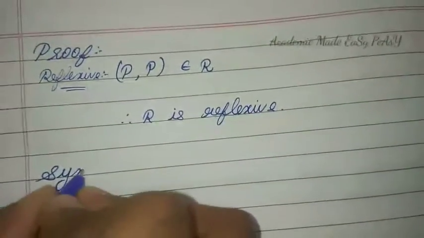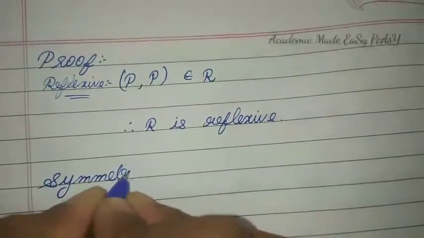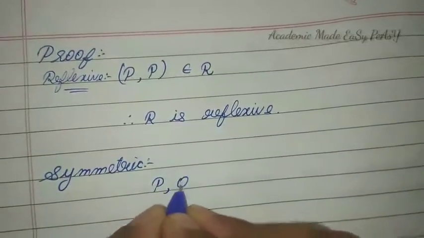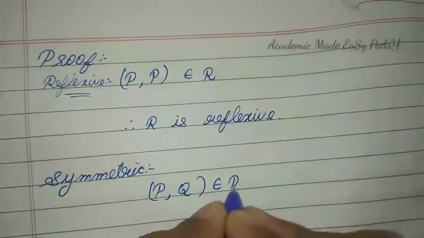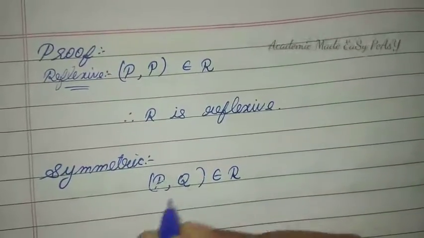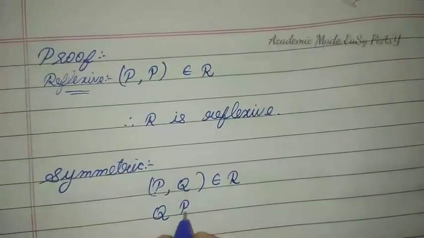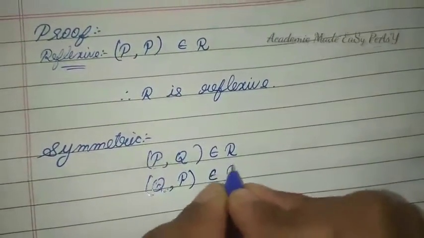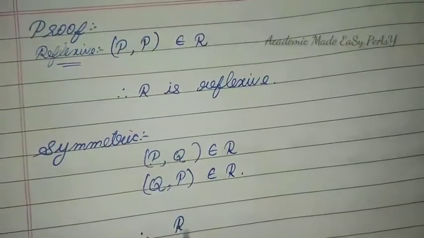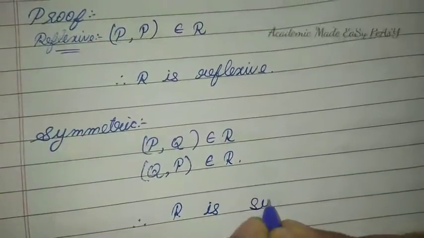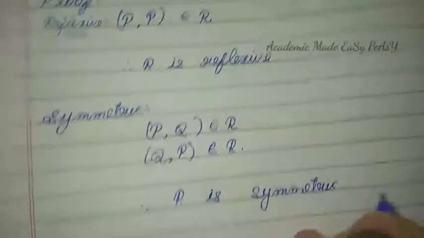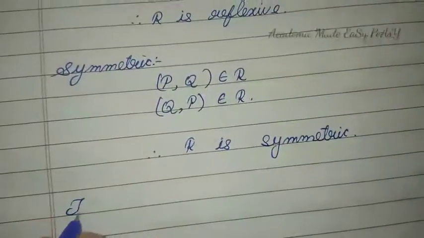Next we'll move on to symmetric. Here I am taking (P, Q) belongs to R, saying that the distance is the same. So here also I will have (Q, P) belongs to R, therefore R is symmetric. Then I'll move on to transitive.